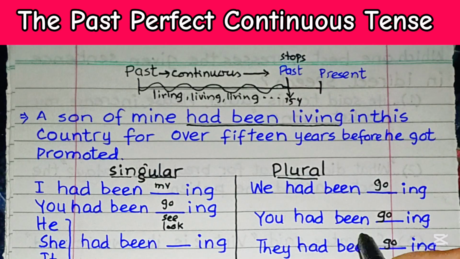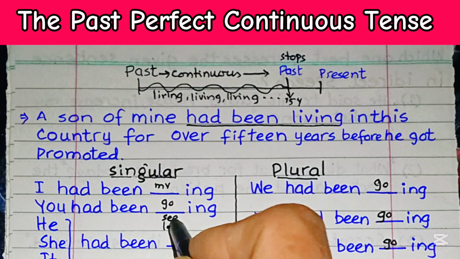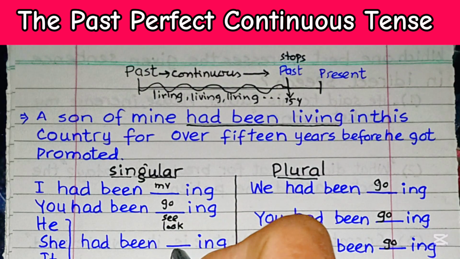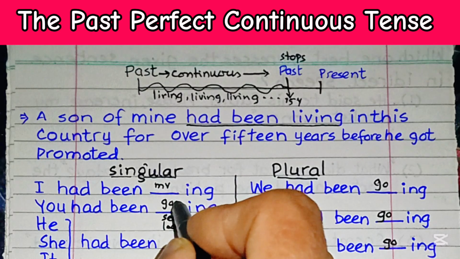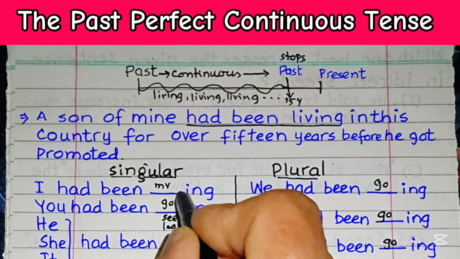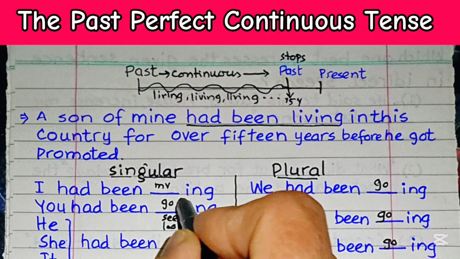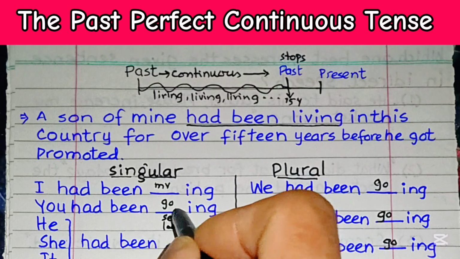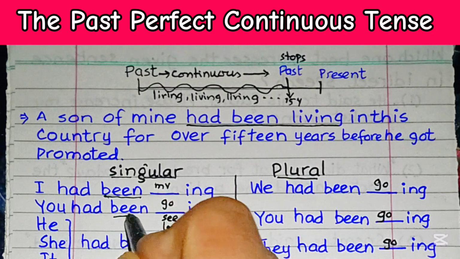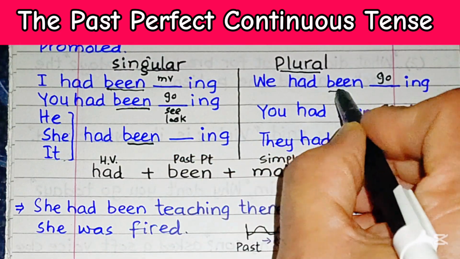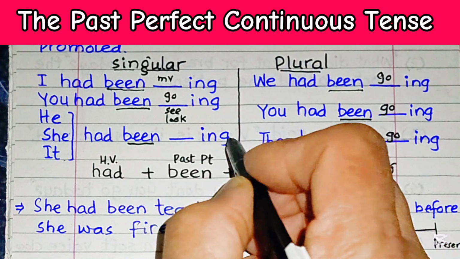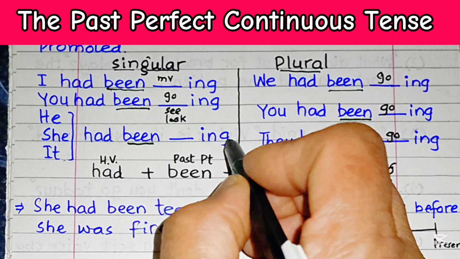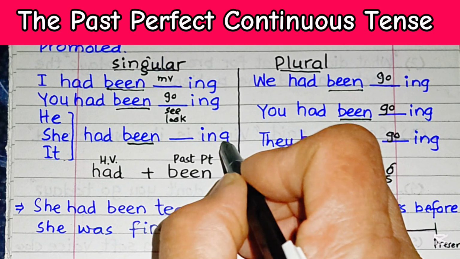So in all these examples, the base form, if we take go, it is in simple form. So you don't have to remember the past participle. The past participle is here, been. In all these examples, we do not have to remember the past participle, especially the irregular form of past participle.